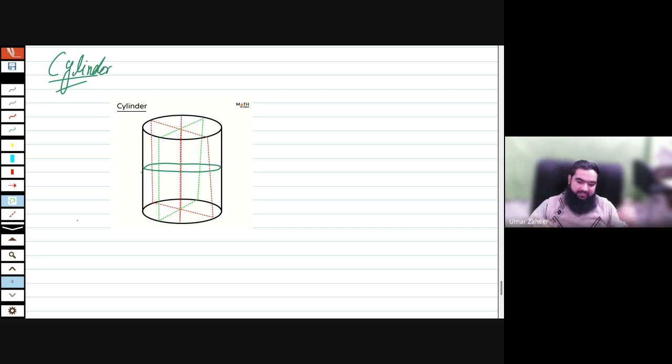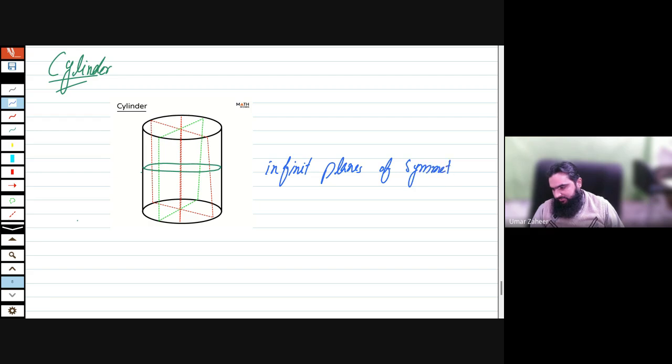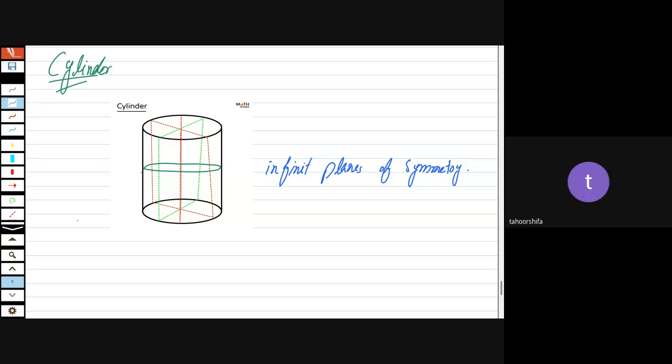So this means that in a cylinder we have infinite planes of symmetry. Is it clear? Yes, sir. Okay.